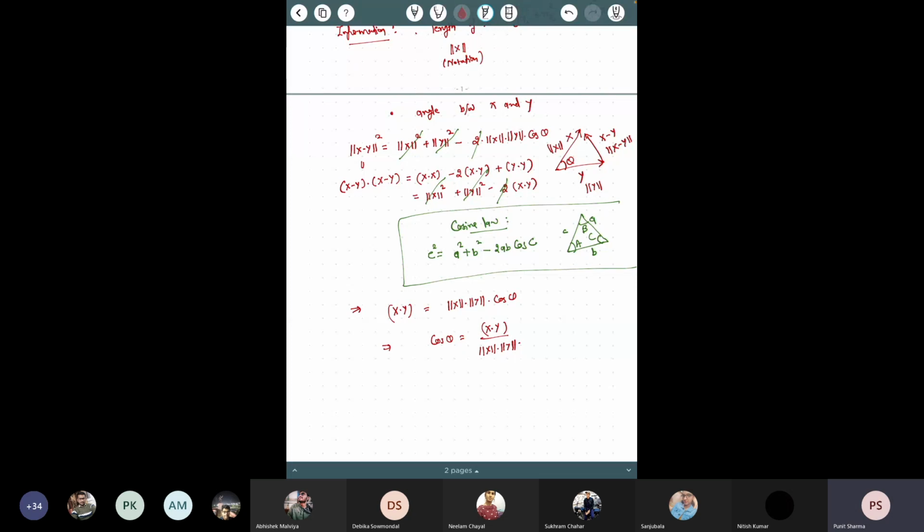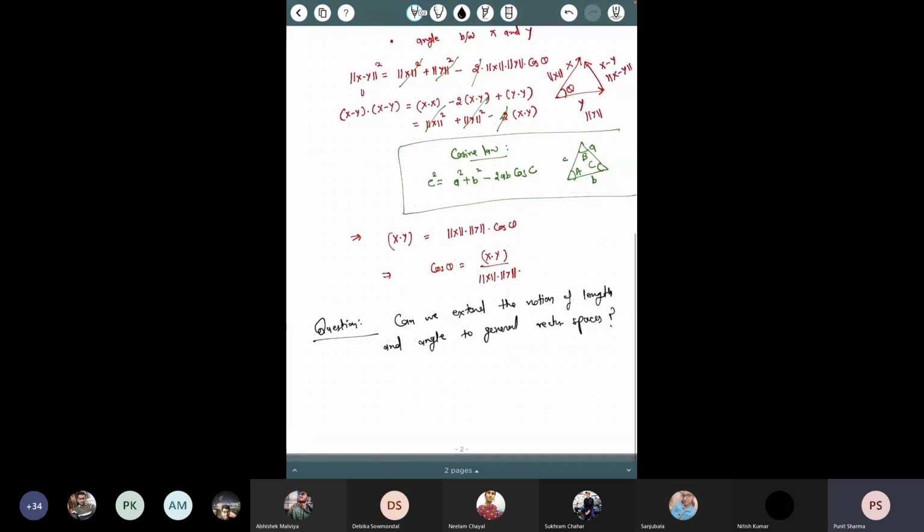Okay, so the question here is, can we extend the notion of length and angle to general vector spaces? This is what we want to answer.